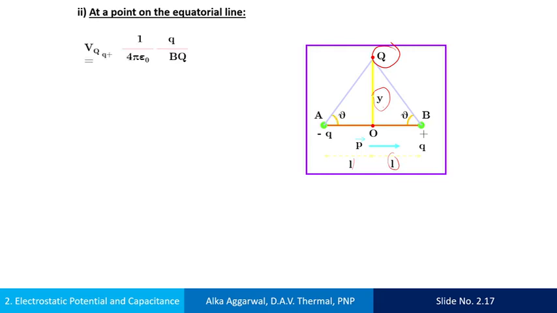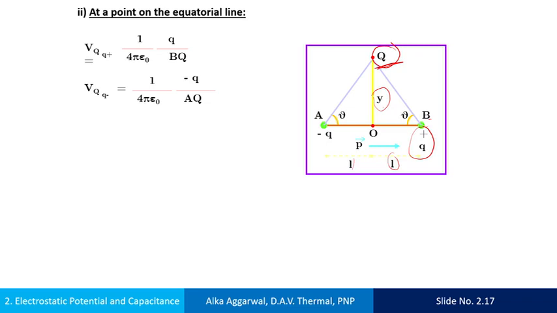Now the potential at the point Q due to the charge plus q placed at the point B, using the expression of the potential at a point, is equal to 1 upon 4 pi epsilon naught q upon BQ, and BQ is equal to the square root of y squared plus L squared.